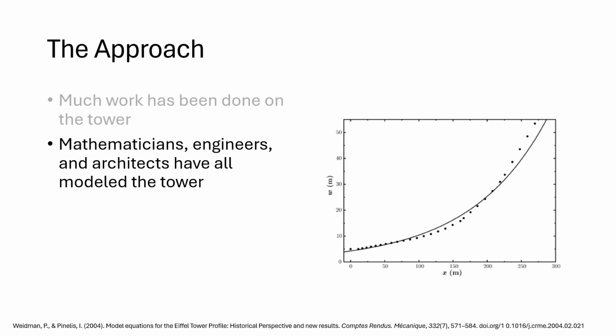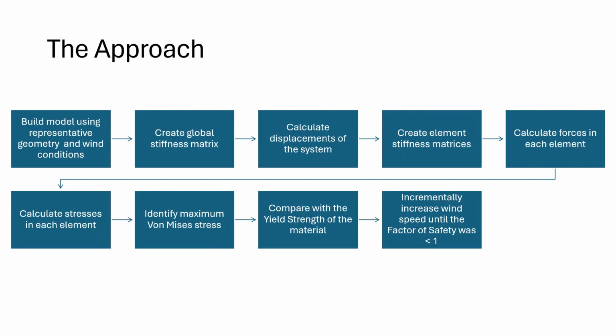Research has found that they used an exponential function, and we were able to find the value of that function. While not explicitly used in this project, I did utilize a lot of the work that other people have done in the past. So I'll walk through the approach that I used and the process that I took to use past work to create my conclusions.